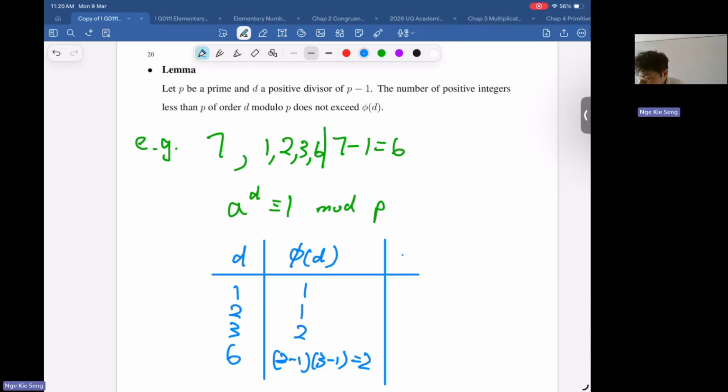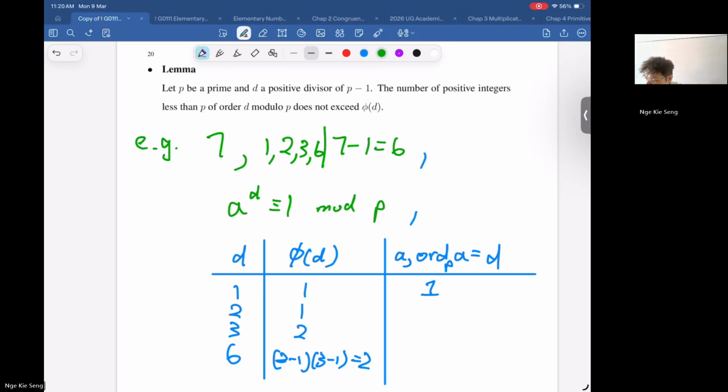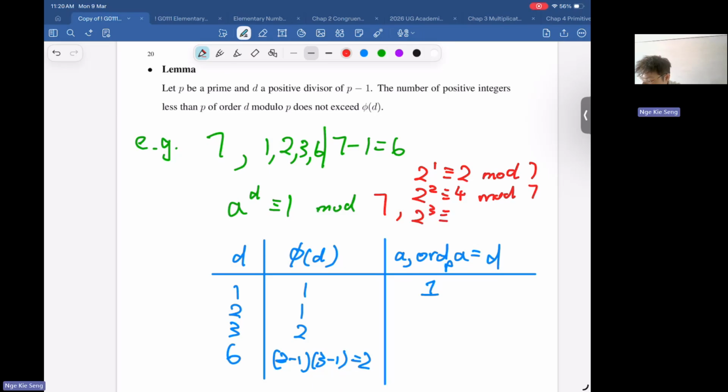We want a such that the order of a mod p is d. Obviously 1 has order 1. What are the rest? What's the order of 2? 2 to the 1 is 2, 2 squared is 4, and 2 cubed is 8, which is 1 mod 7.